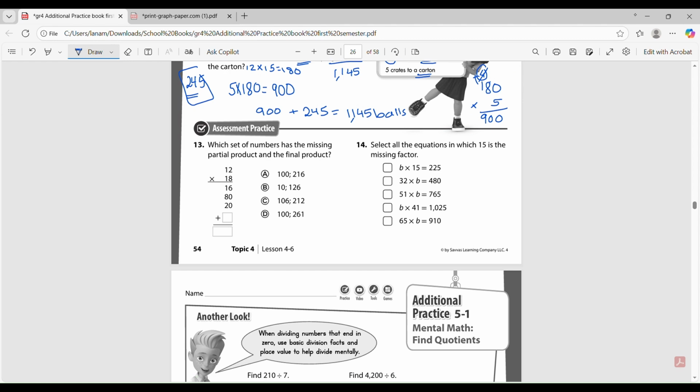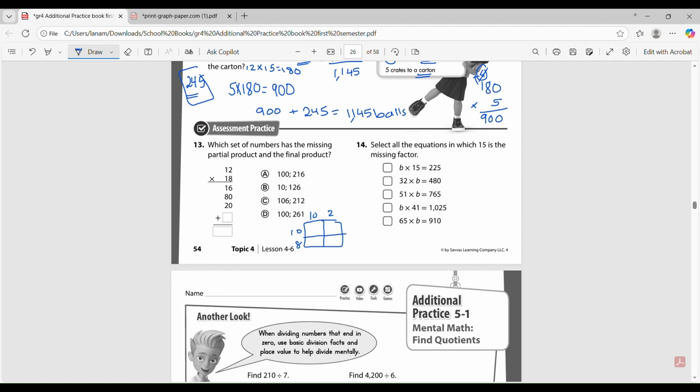Now exercise 13. Which set of numbers has the missing partial product and the final product? We need to find the partial products first. We have 12 multiplied by 18. If we want to use the area model, we need to put 10, 2, 10, 8, and then we just divide them in the middle.